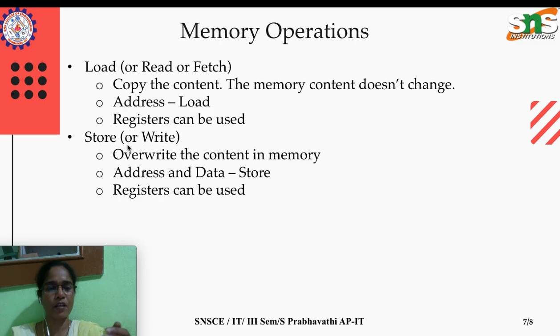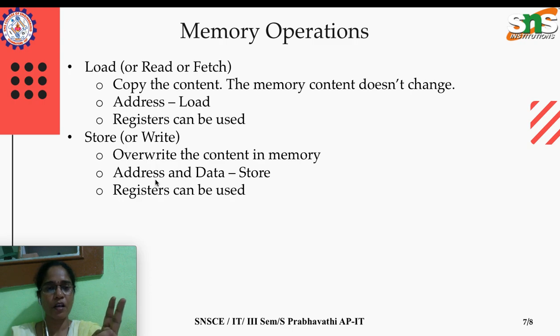Similarly for write, we need the address and data: what information we are going to write into the memory and in which location we are going to write that data. So for the store or write operation we need two pieces of information, address and data.